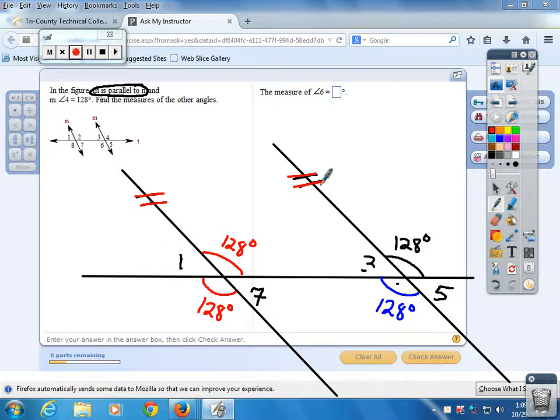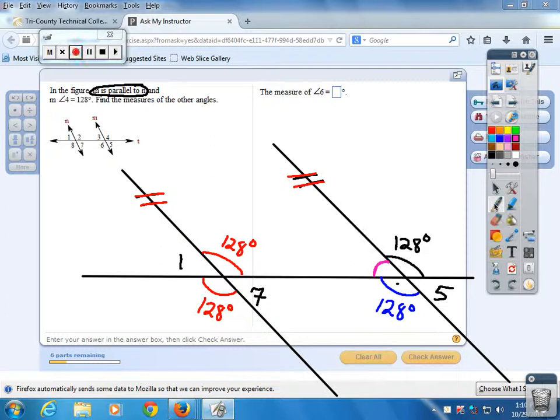All right, somebody tell me what angle 5 or angle 3 is. What's angle 3 right here? I'd say it's 62 degrees. Where'd you get that?